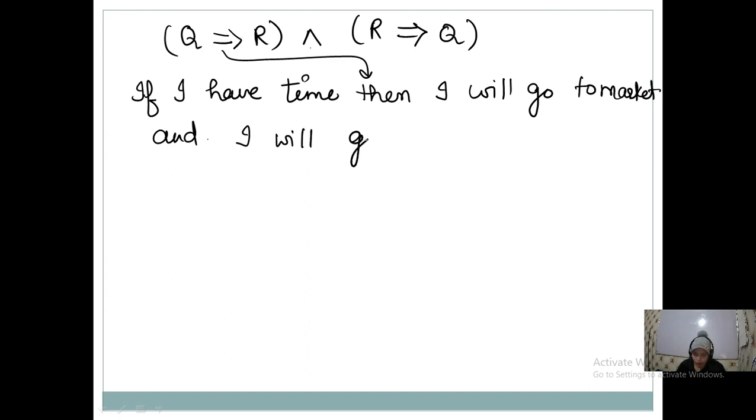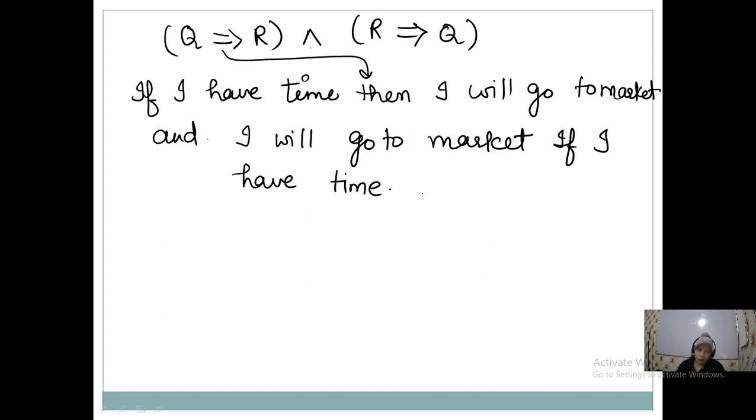I will go to market if I have time. I will go to market represents R, and R implies Q means if I have time.